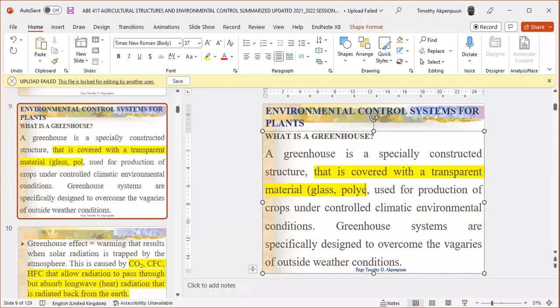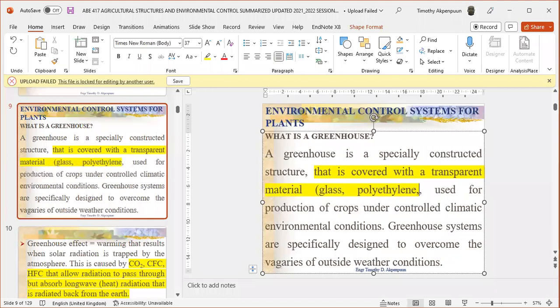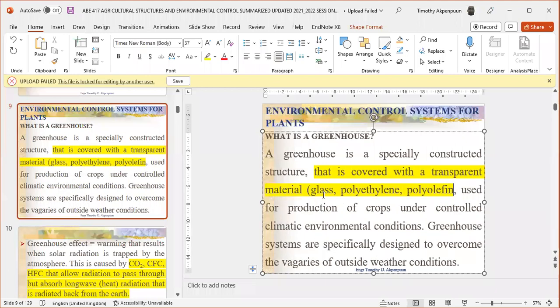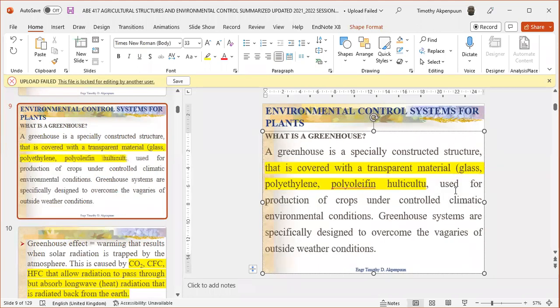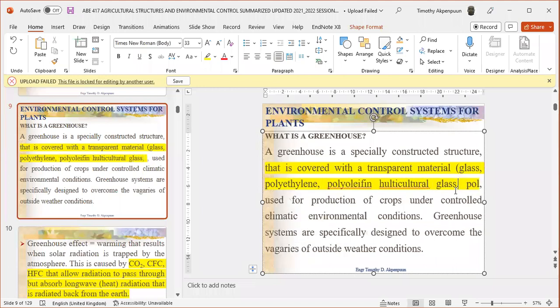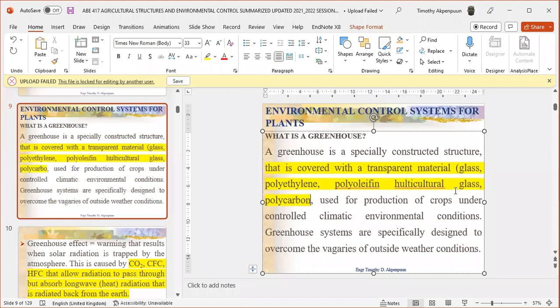Polyethylene, olefin. We have many of them. Horticultural glass, polycarbonate, etc.